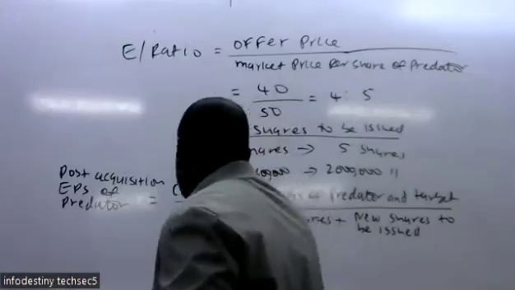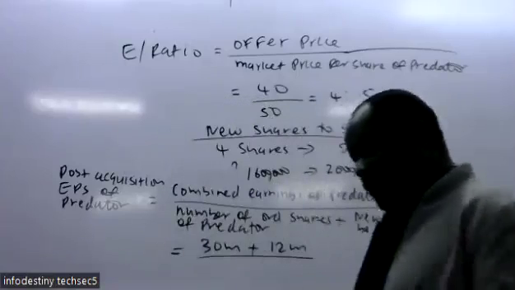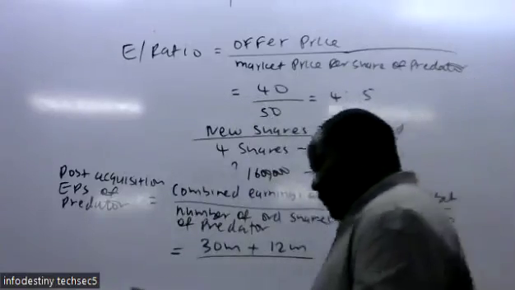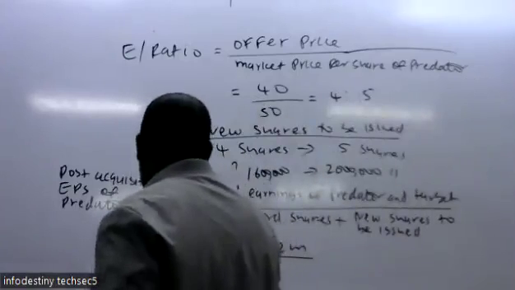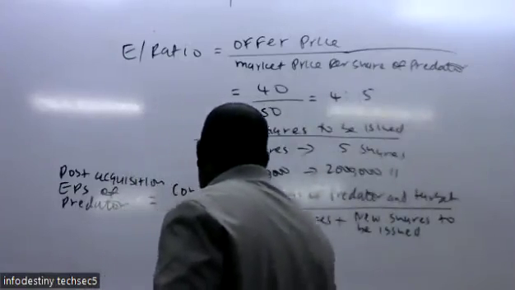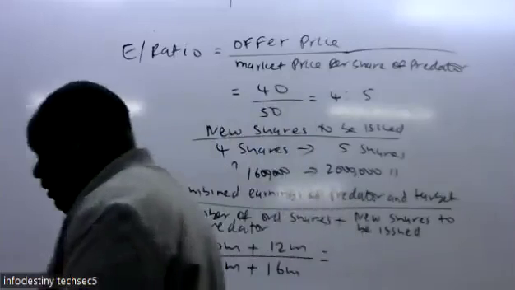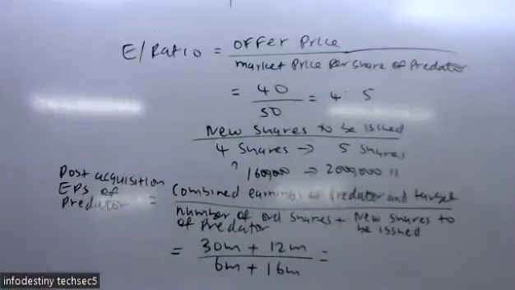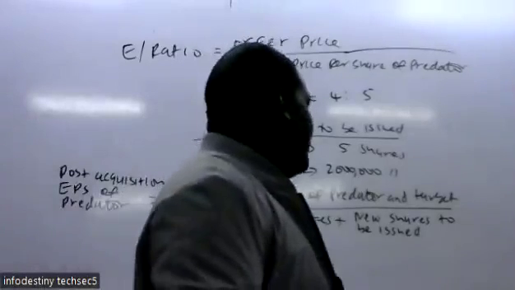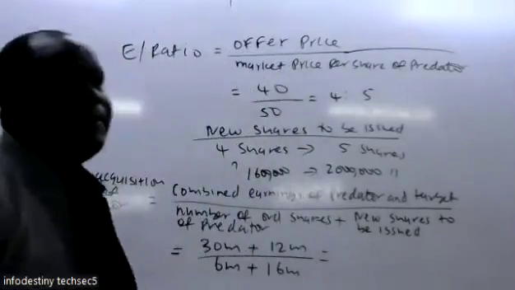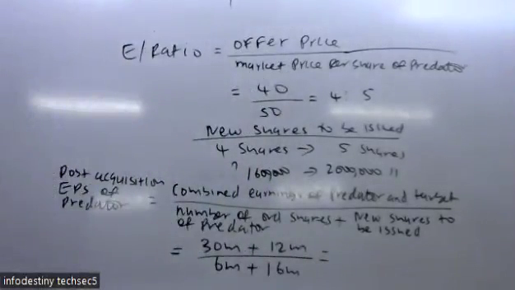Then you divide by the number of the ordinary shares for Chilulu, which are 6 millions. Then we add the number of the new shares to be issued as 1.6 million. So that is 5.5 shillings per share. The millions will cancel off.